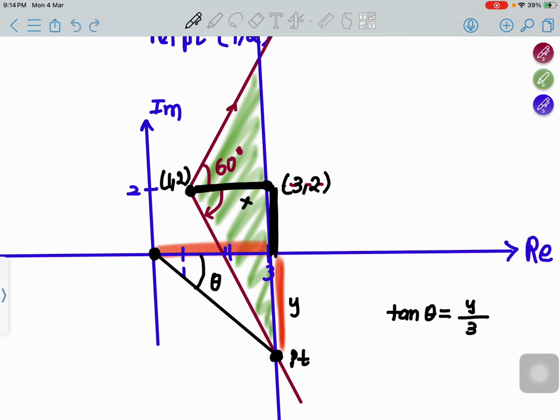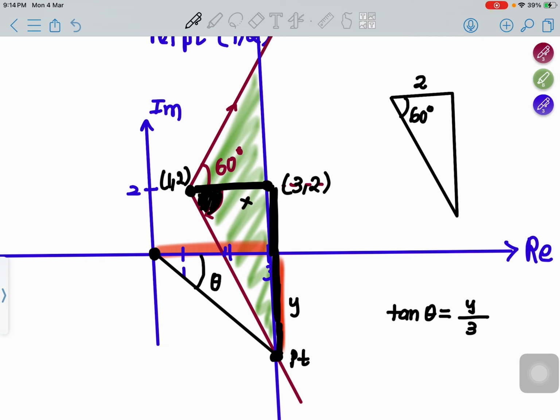So I'm going to use a bigger triangle, which is this one. Let me shade it with black here. Because I know this particular angle now. What is this angle for me? It's 60 degrees. So let me draw it outside here. So this angle here is 60 degrees, and I know this gap here is 2, and this part is going to be 2 plus y.